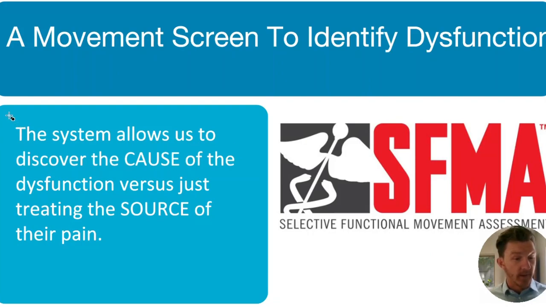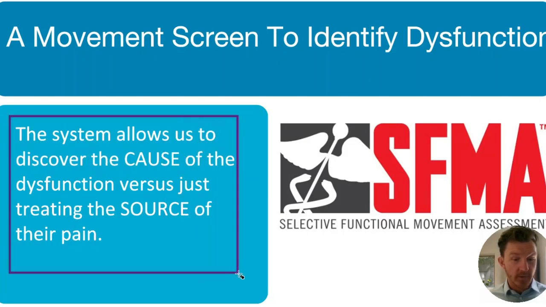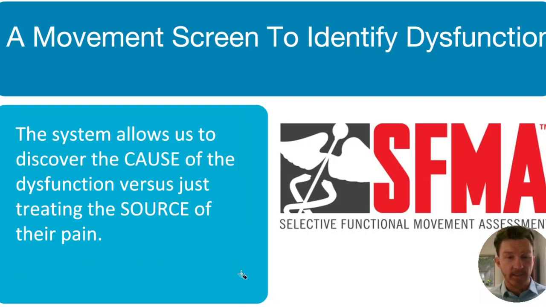The system allows us to discover the cause of dysfunction versus just treating the source of their pain. So this is something that I see time and time again. People will point to the source of their pain, or where they think the source of their pain is.